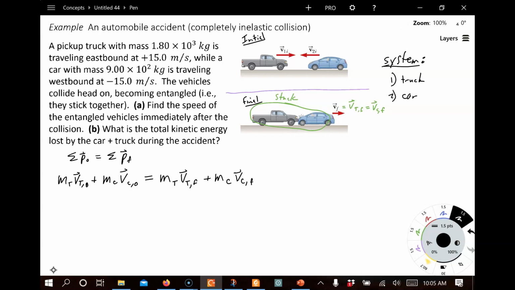If we take this side of the equation, I know that these are the same, so I might as well just cross out the truck and the car and just call this V final. And because it's the same, I can factor it out. So I'm going to end up with V final, the same velocity for both, times the mass of the truck plus the mass of the car. And I've still got the same equation on the other side, right?